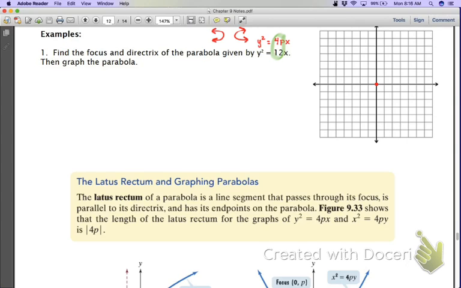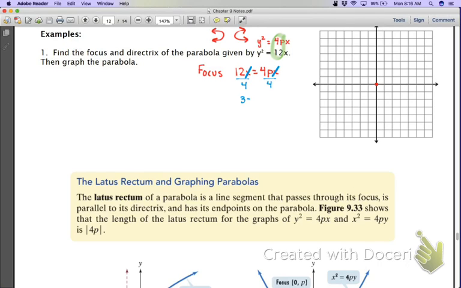I have to find my focus. So my focus is just going to be basically 12x equal to 4px. I'm solving for p because what's going to happen to the x's? They're going to cancel. What do I need to do to solve for p? Divide by 4.